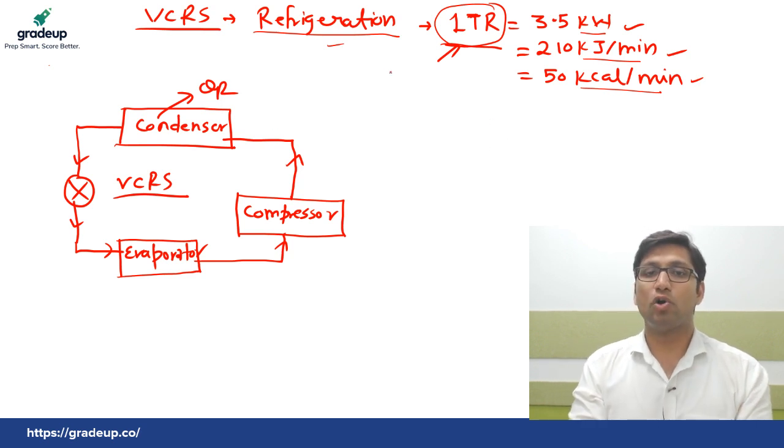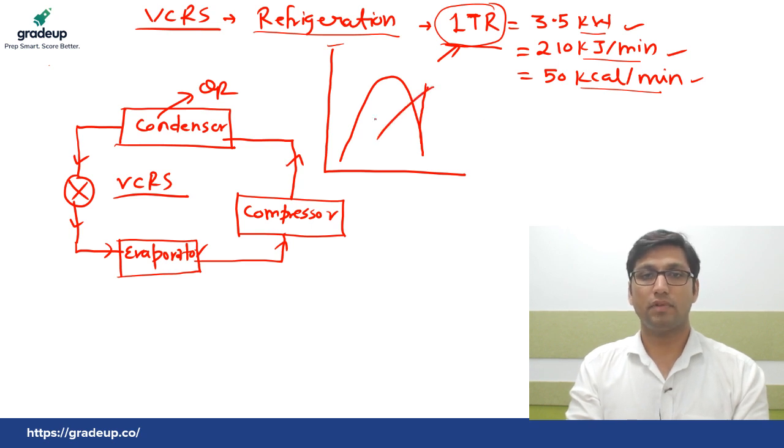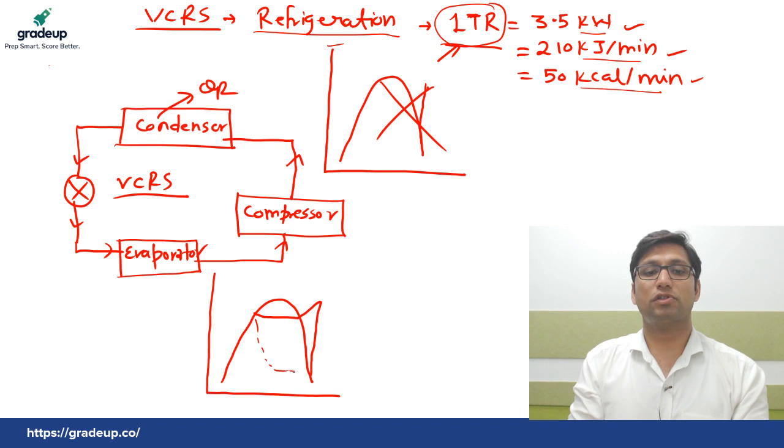Okay, and how to draw this cycle on a TS diagram, on a temperature and entropy diagram? This cycle can be drawn like this. Sorry, this is somewhat wrong. It can be drawn like this. The throttling process is shown by a dotted line.